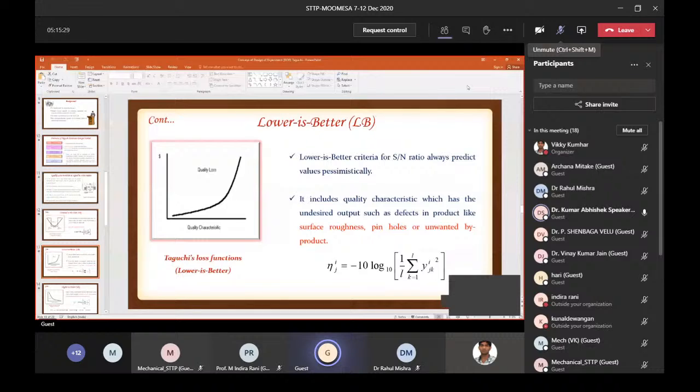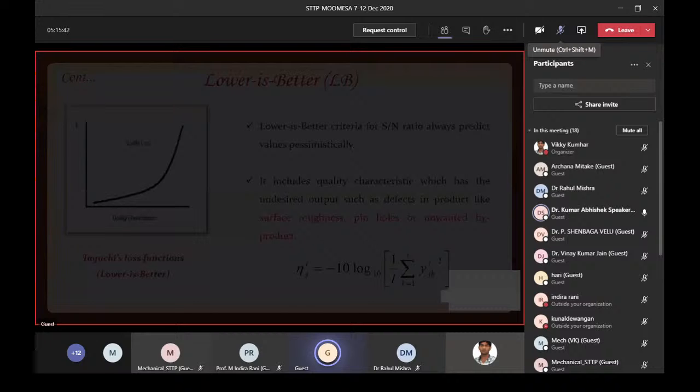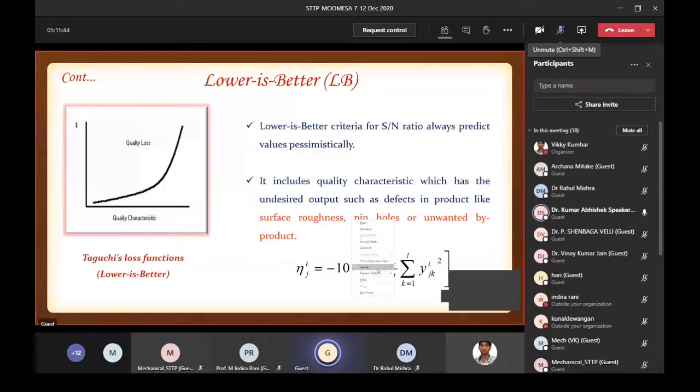So if the nature of the response is the lower the better criteria, then you can determine the signal to noise ratio using this equation, that is 1 by L, if there is a replicate, and yjk square is whatever surface roughness you have achieved.